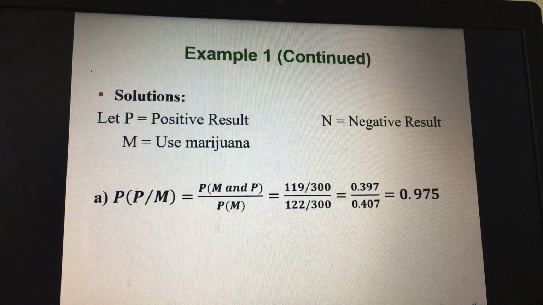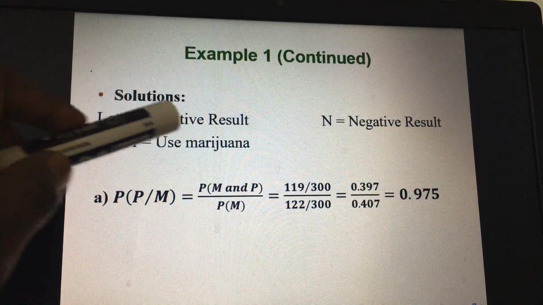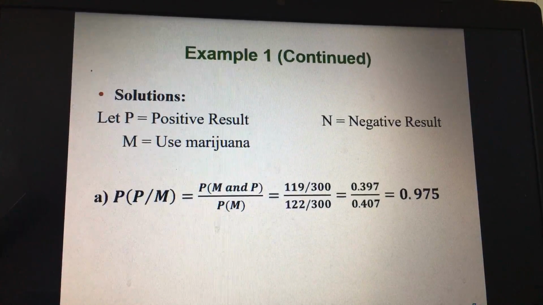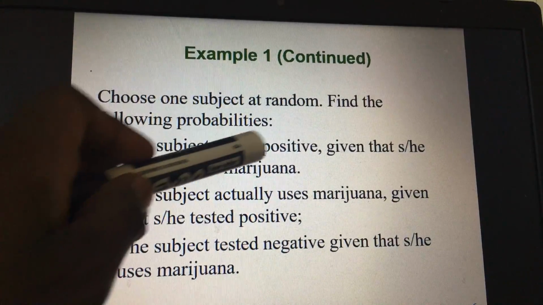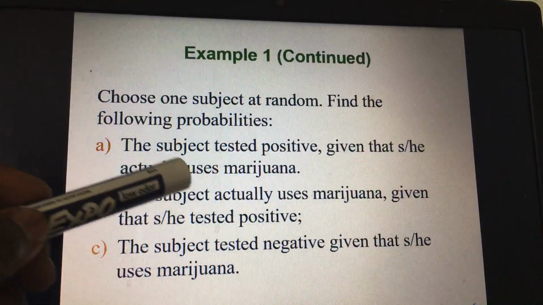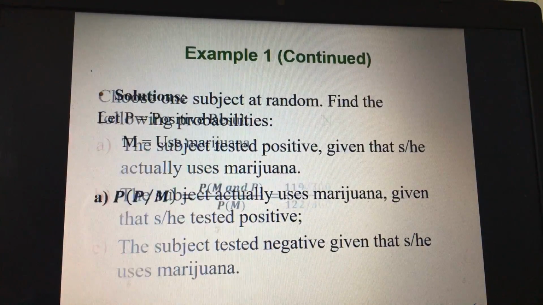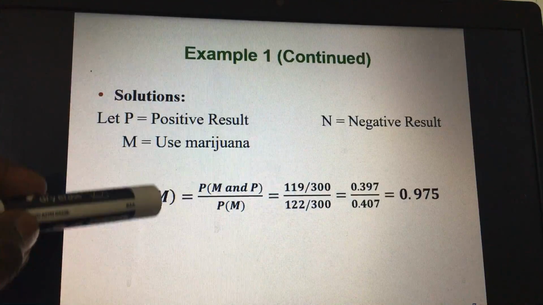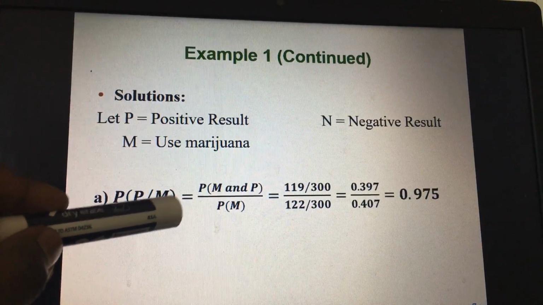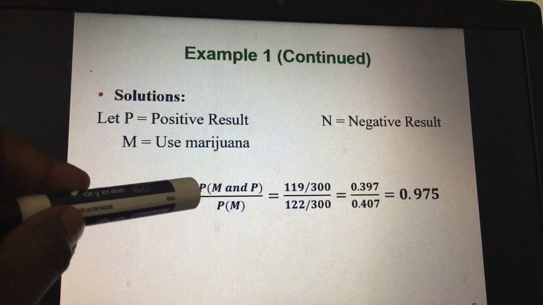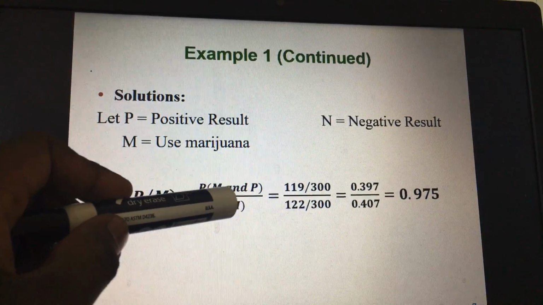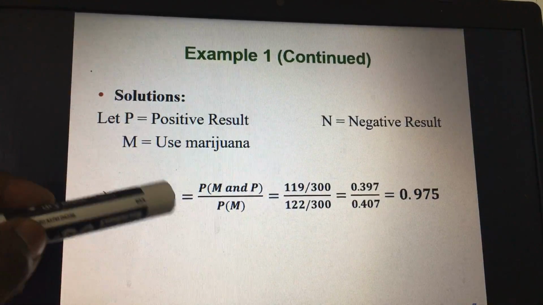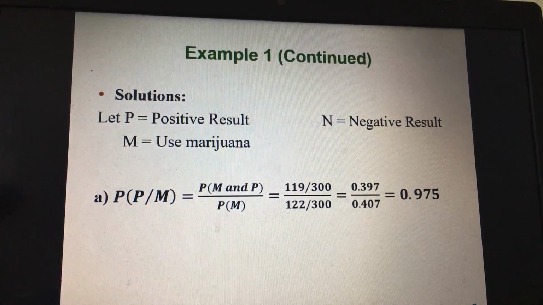So we use P for positive result, M for uses marijuana, N for negative result. The first question says the subject tested positive, given that he or she uses marijuana. The probability of positive, given M, that means marijuana, equals the probability of M and P, that is marijuana and positive, divided by the probability of marijuana, which is the condition here. So let us get our numbers from the table.